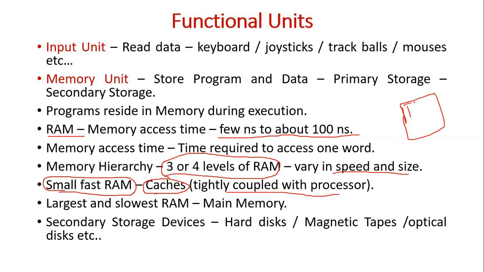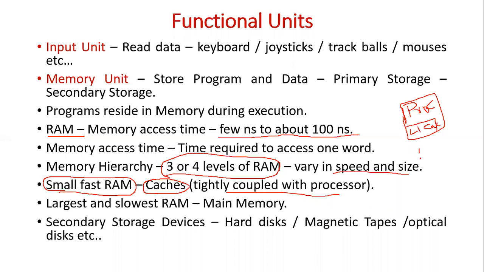If this is the processor, sometimes the cache memory will be placed inside the CPU itself. Such caches we call level 1 cache, or L1 cache. It is very close to the processor.